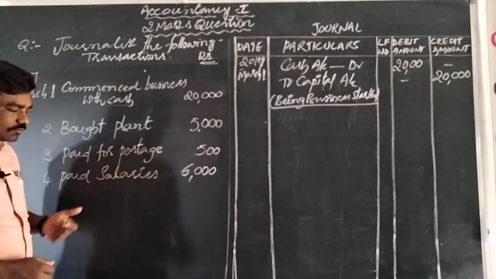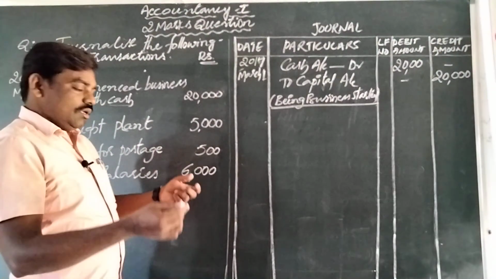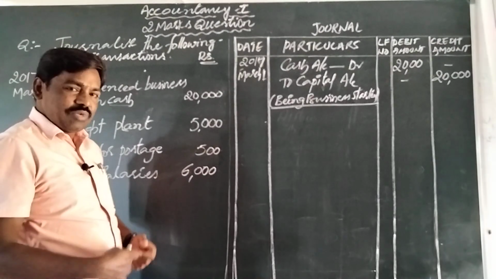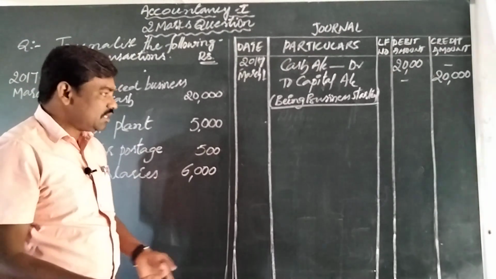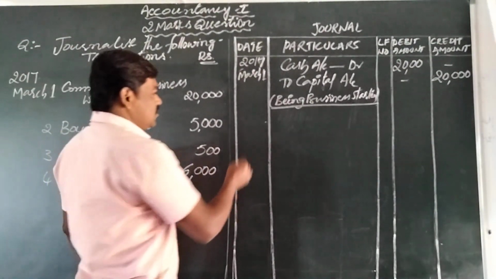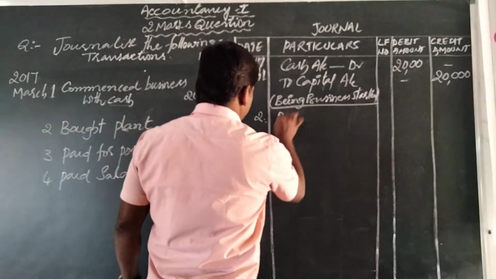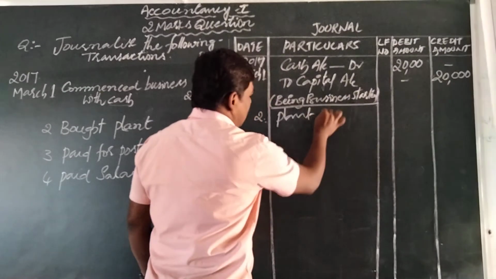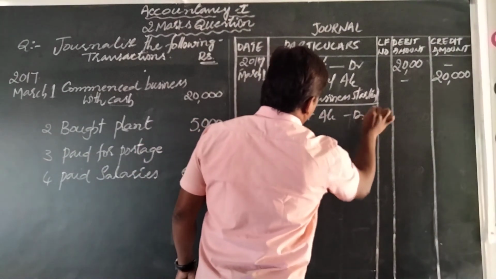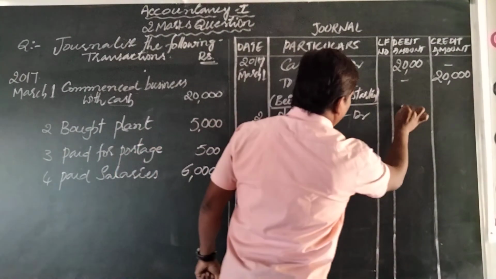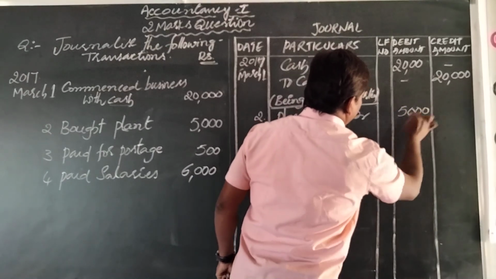Here whenever we purchase the plant, is the plant coming into the business or going out of the business? It is coming into the business. That should be debited. Plant account debit. In the debit column 5,000 you can write.